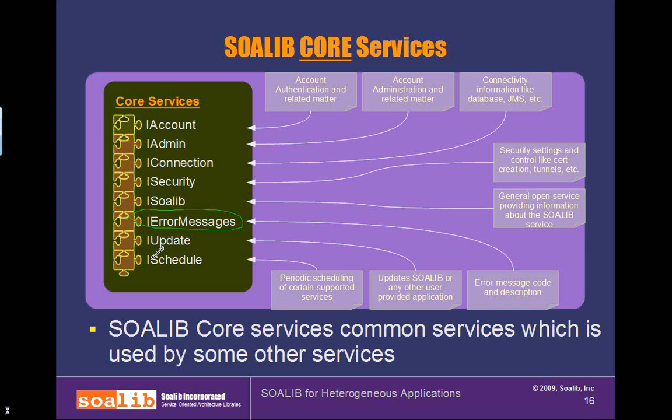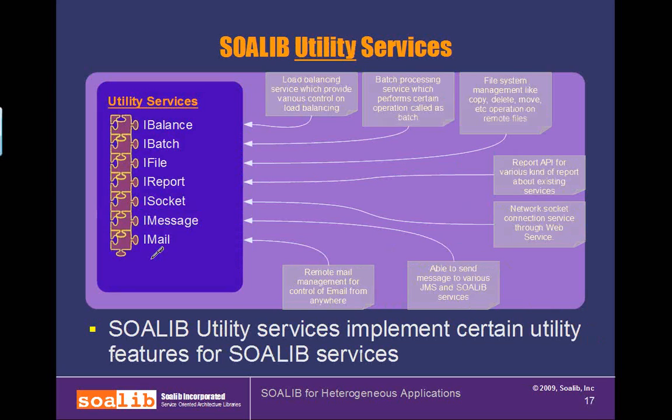And let's go to the next slide. These are the utility services. Balance is for load balancing. Batch is batch processing. iFile is file access, remote file access. So if I want to access different files over the internet, you can use the iFile service.